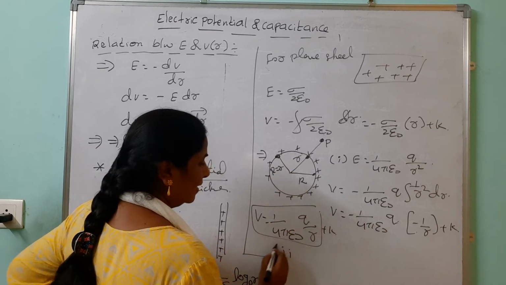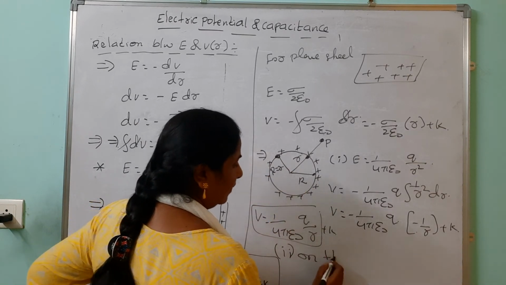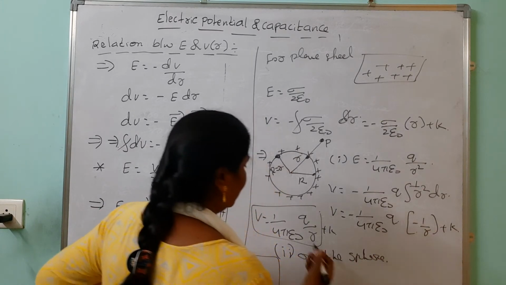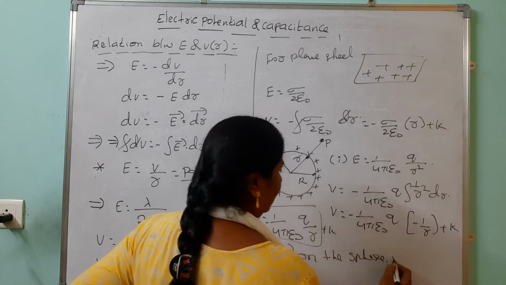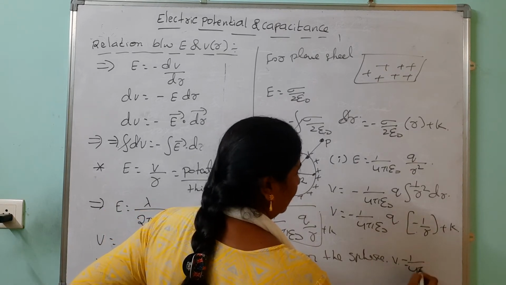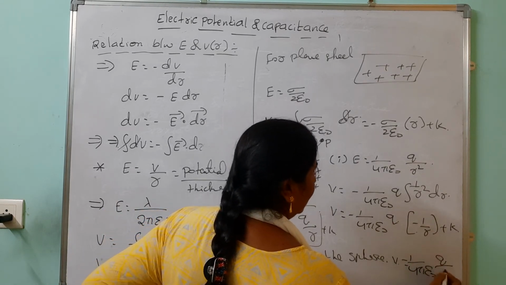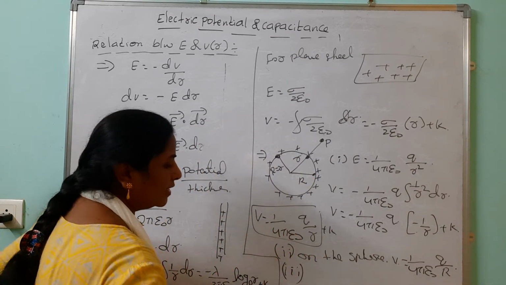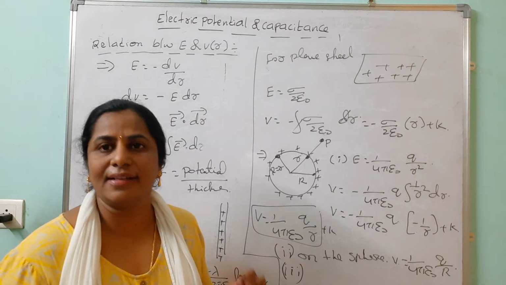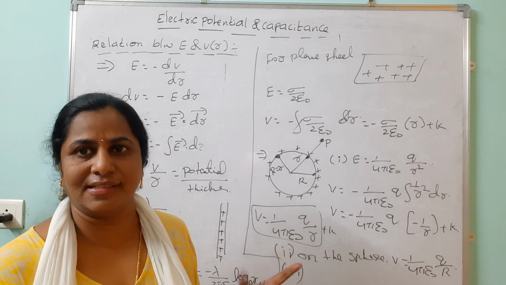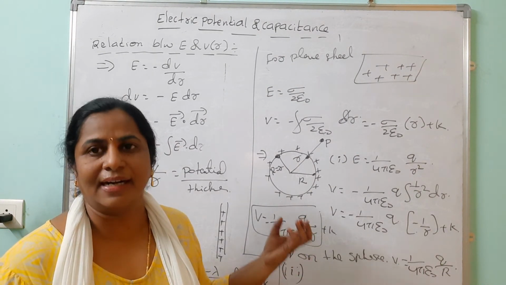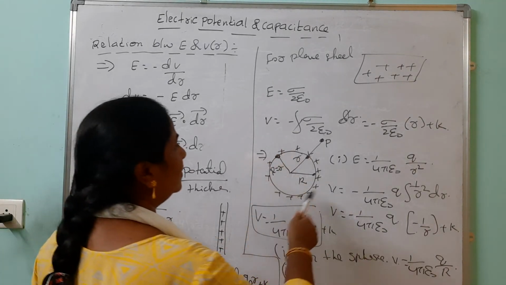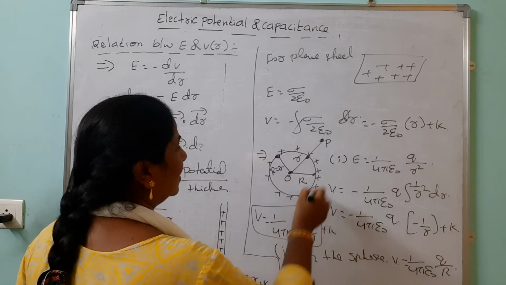So second case, on this sphere, what is the electric potential? Instead of small r, we take capital R: 1 by 4 pi epsilon naught Q by R. But this is very important, the last one. Concept questions they also ask: where the intensity is 0 but potential is not 0. In the case of a conducting sphere, inside, the charge is 0. Here the entire charge is distributed on the surface. So inside, what is the charge?